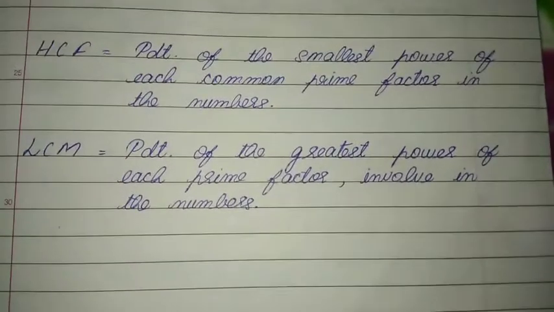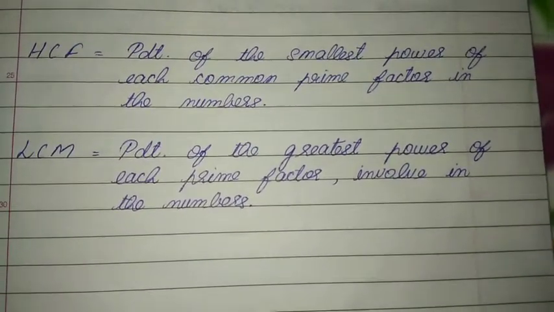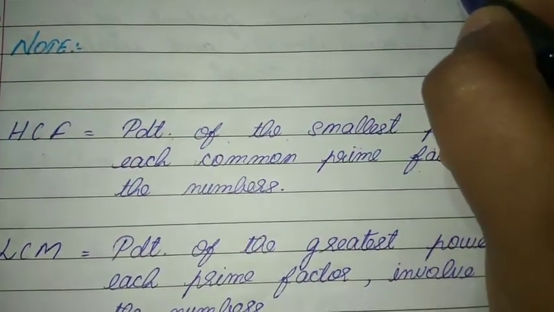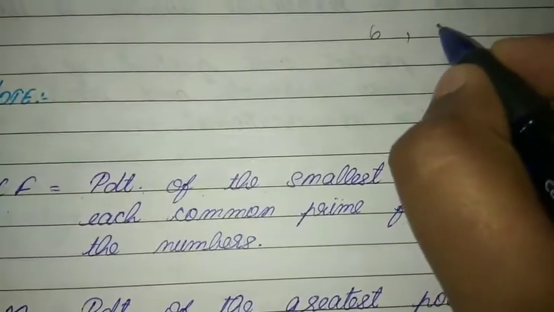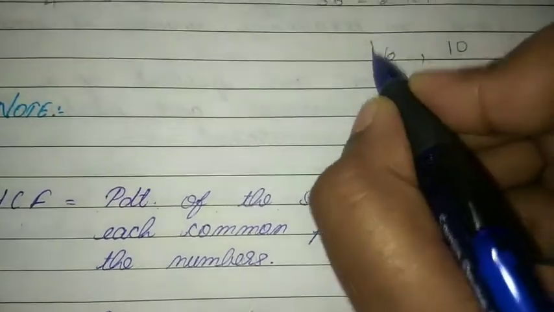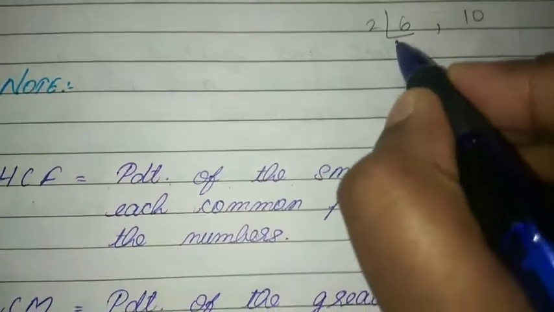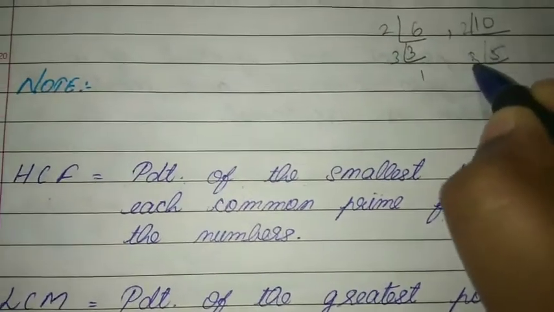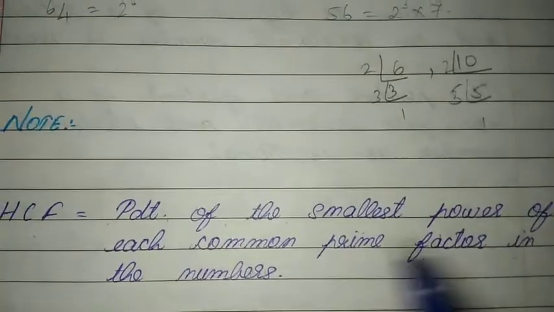Now let me tell you the difference between HCF and LCM. For example, if we take 6 and 10, the prime factors of 6 are 2 once and 3 once, and of 10 are 2 once and 5 once.